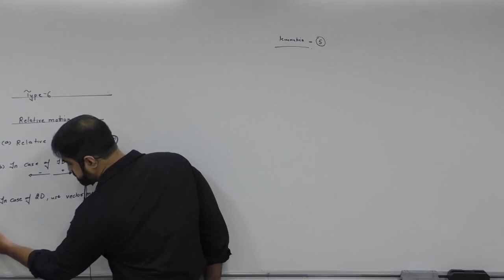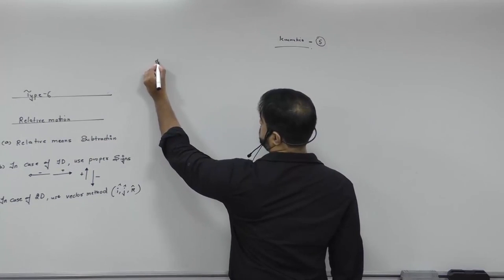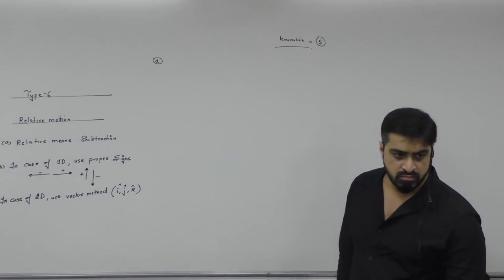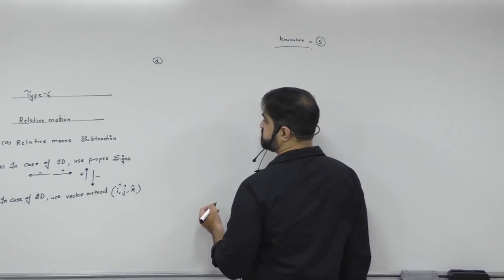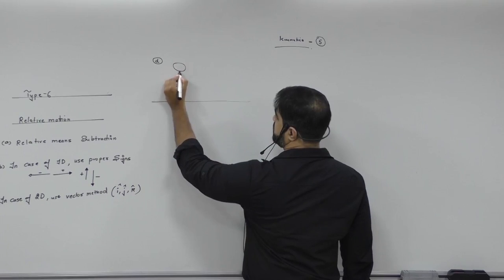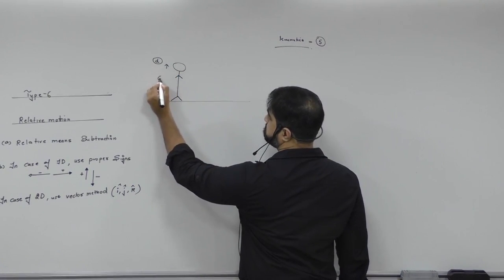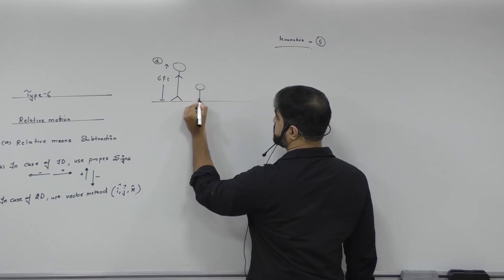D point. How to explain relative motion? Suppose there are two persons. One is a tall person of 6 feet. Other is a short person of 3 feet.